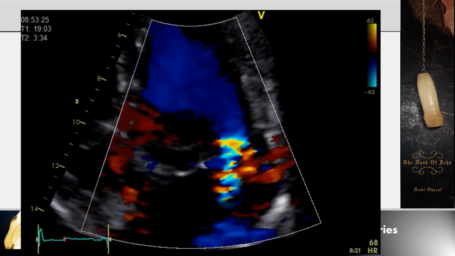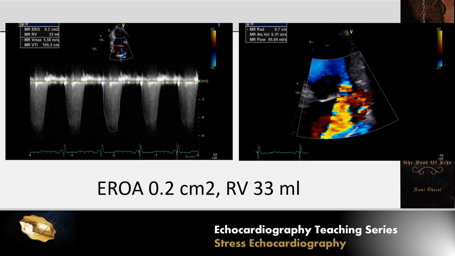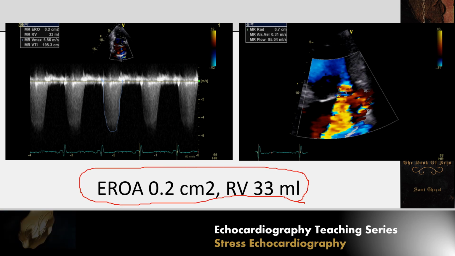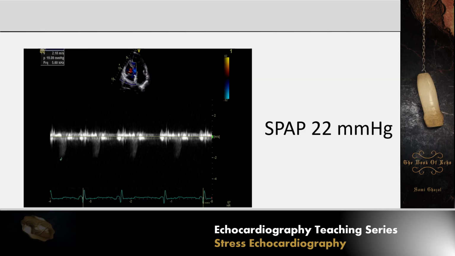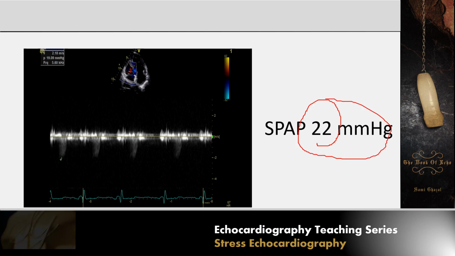All those are resting images. And then when we quantify, it quantifies as moderate MR with a PISA. Systolic pulmonary artery pressure is within the normal.